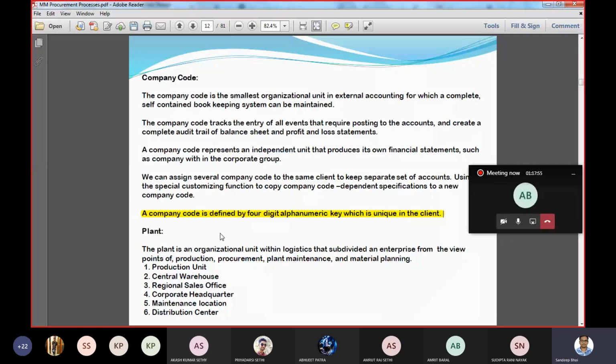And under one company there are different plants. That is why whatever plant code is given will be unique within the company. The plant is an organizational unit within logistics that subdivides an enterprise from the viewpoint of production, procurement, plant maintenance, and material planning. Under a plant, we have a production unit, central warehouse, regional sales office, corporate headquarters, maintenance location, distribution center, like that.